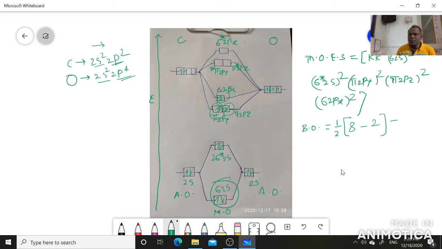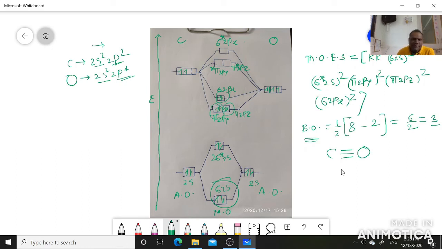So 8 minus 2 is 6, divided by 2 is 3. Therefore the bond order is 3 for the carbon monoxide molecule. Bond order 3 means it is a carbon-oxygen triple bond, right?